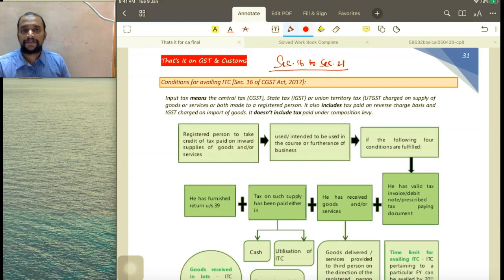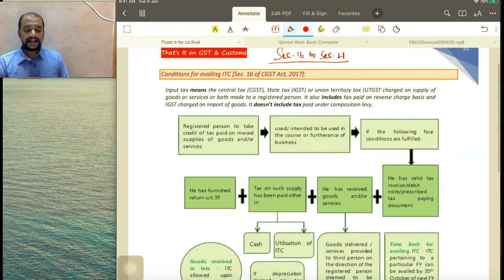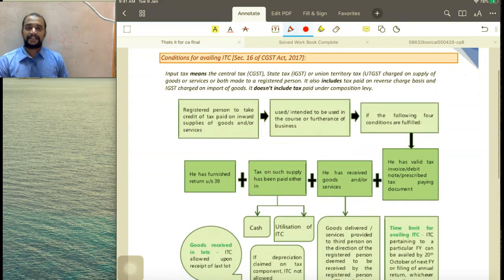Now we are starting with section 16, conditions for availment of ITC. Here, input tax means what? Any tax, CGST, SGST or IGST. But remember, composite tax will not come under input tax here. What is composite tax? Tax that is paid under the composition scheme.